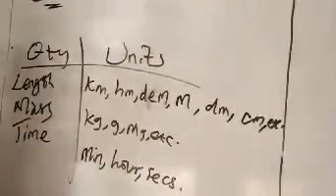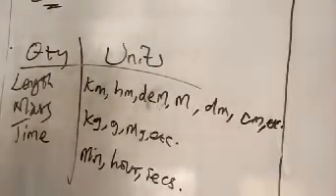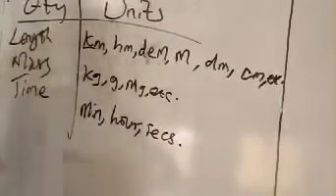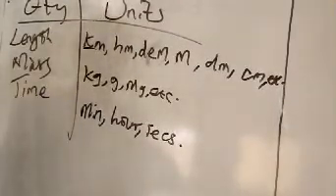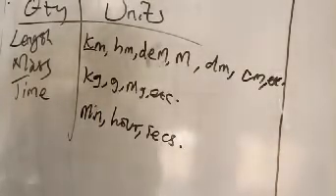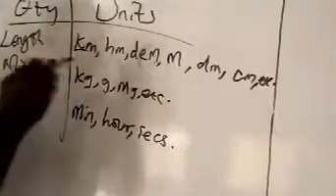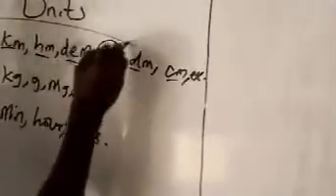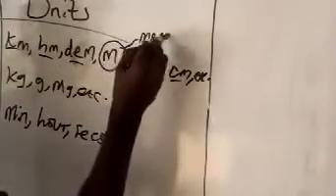It is important to understand what these prefixes mean and how they relate with the non-prefix unit, because this will assist us in our conversions. These are what I call the prefixed units, because they have a prefix attached to them, and this is a non-prefix unit. It signifies meter.